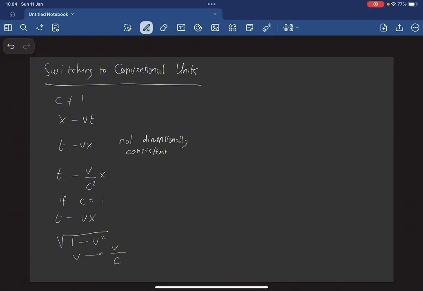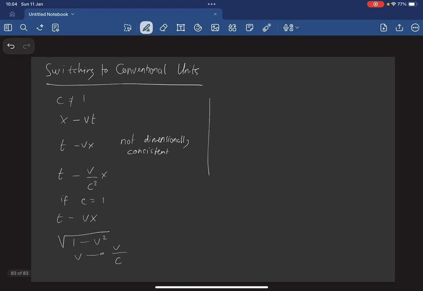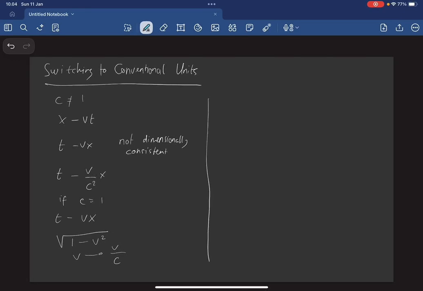With this replacement, the Lorentz transformation can be written in conventional units like this: x prime, and for t prime, t minus vx divided by c square, over square root of 1 minus v square over c square.